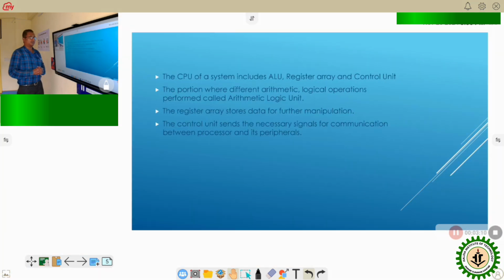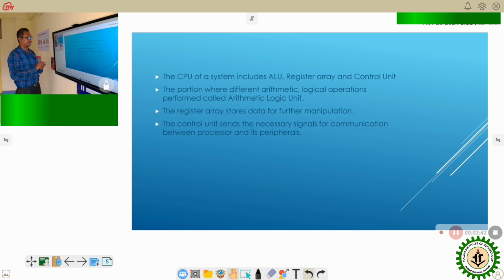The CPU, Central Processing Unit, of a system includes the ALU, Arithmetic Logic Unit, the Register Array and the Control Unit. The portion where different arithmetic and logical operations are performed is called the arithmetic logic unit. Now, what are the arithmetic operations we perform?